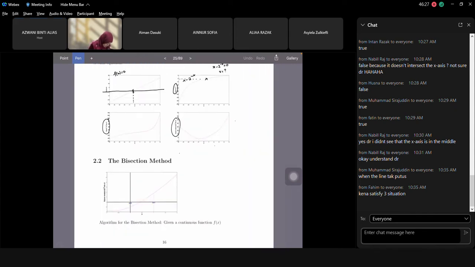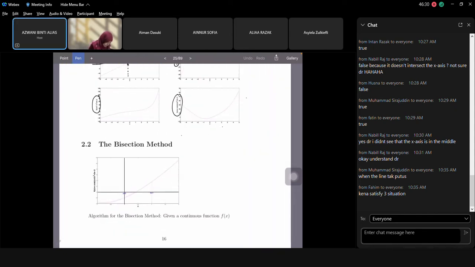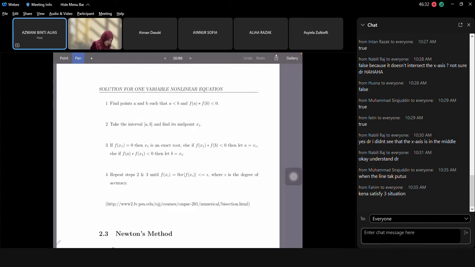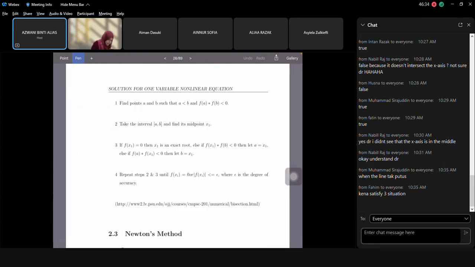Okay. AB is a initial point. AB normally dibagi as a initial point. So it means that kalau dalam soalan dia bagi 1 point sahaja as a initial, you tak boleh guna bisection method.